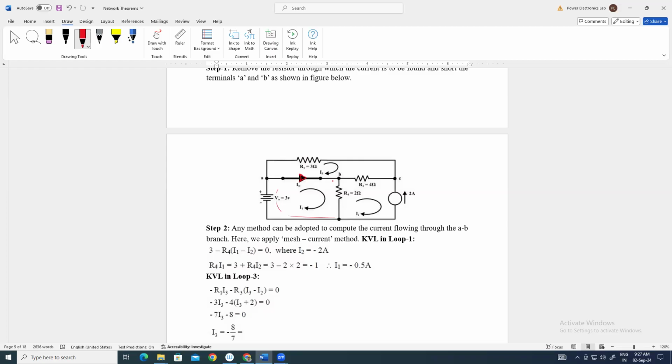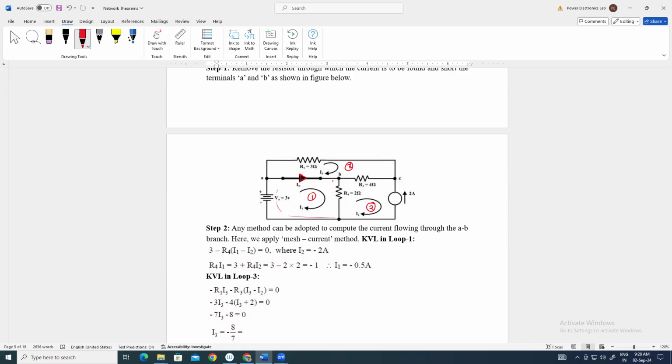Here there are 3 meshes, and we denote the currents flowing through the meshes in clockwise direction for simplicity. So I1, I2 and I3 are the mesh currents in loop 1, loop 2 and loop 3.